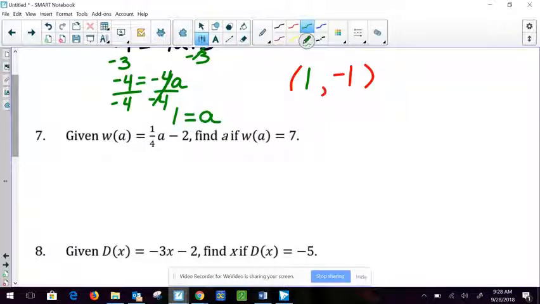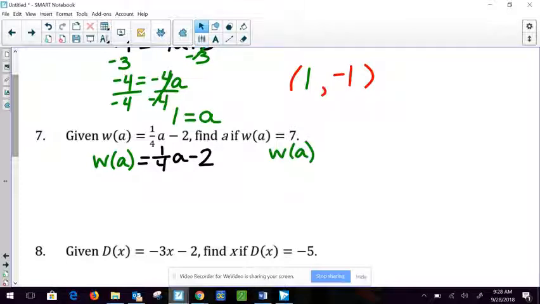I'm going to try to write this in a different color. I have w of a, and that is equal to 1 over 4a minus 2. And I'm telling you that the whole thing, w of a, is the same as 7.